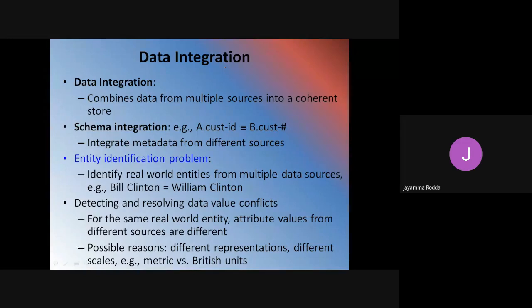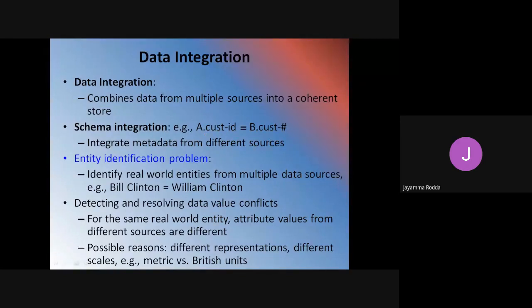So how is data integration done? It is nothing but a.customer_id equals b.customer_id, which means that, for example, you are going to retrieve the customer id from two different places.